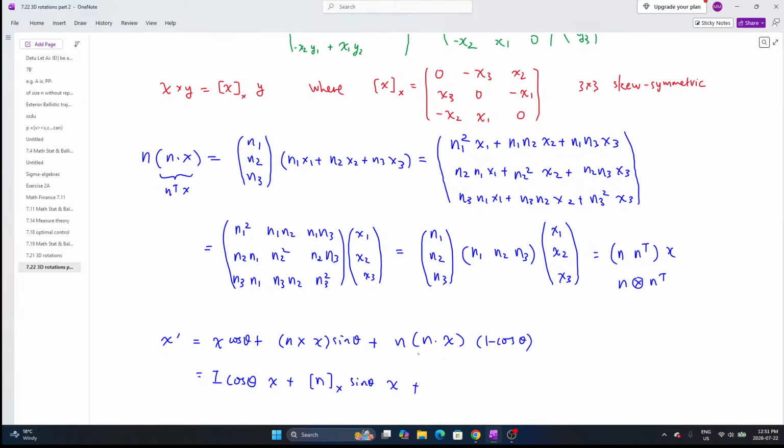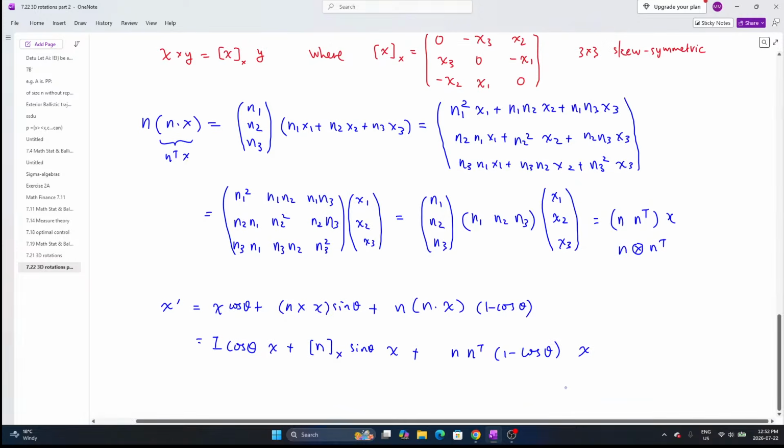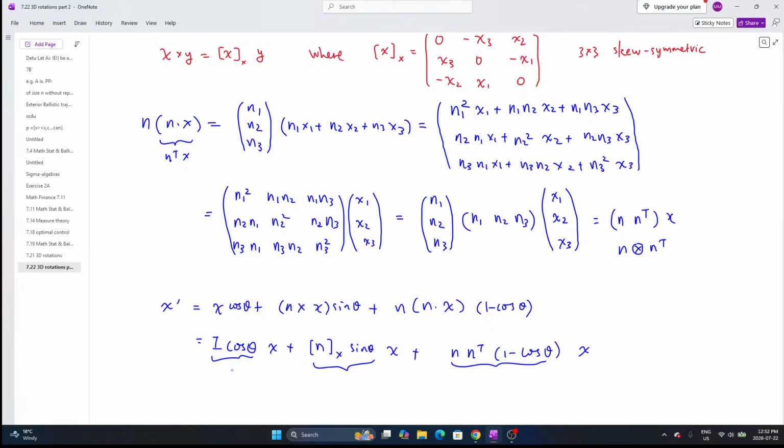Here we have n transpose, n transpose times 1 minus cosine of theta, times x. Here this is a matrix, and this is a matrix. These are all matrices. It's just a basic representation of tensor product, exactly.